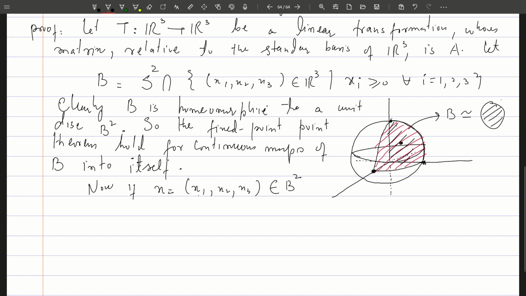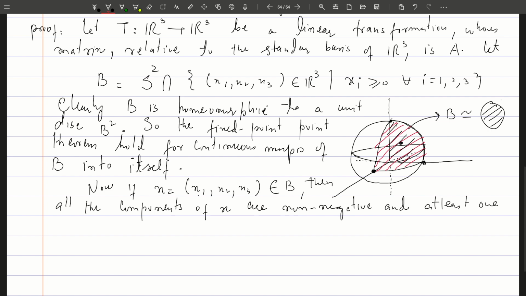So if X is a point in B, then all the components of X are non-negative, and at least one is positive.